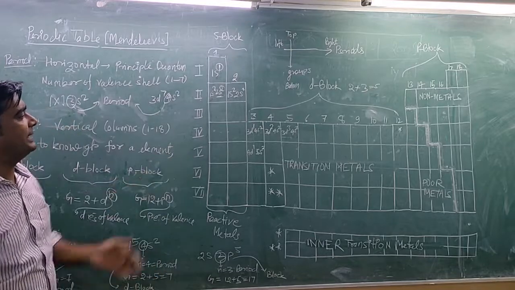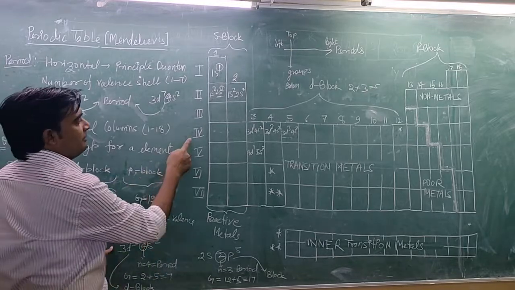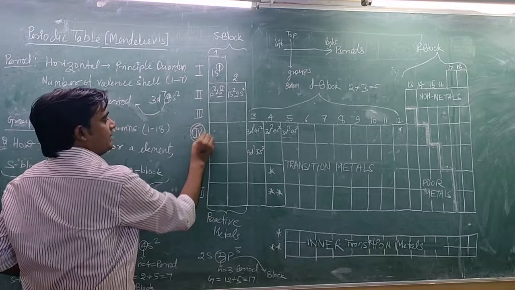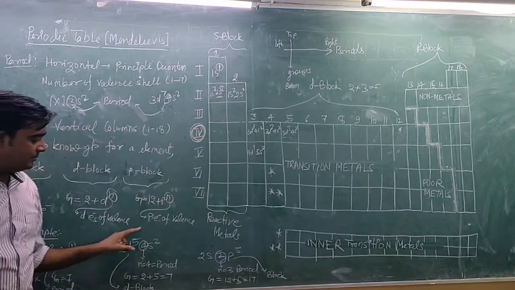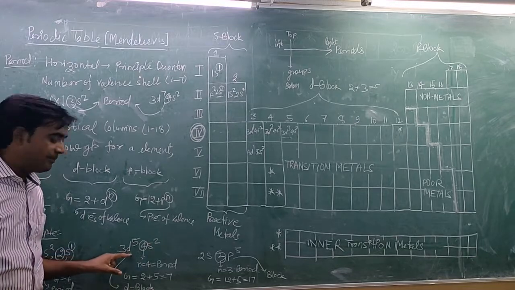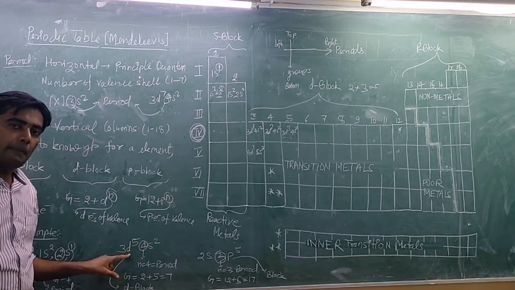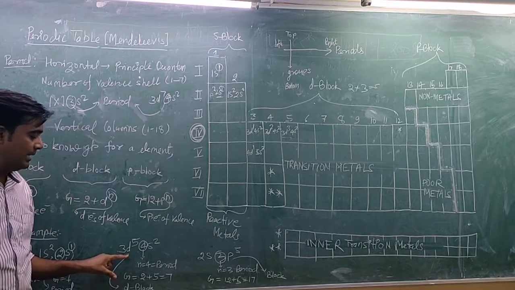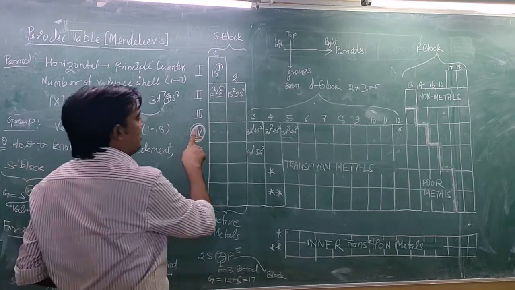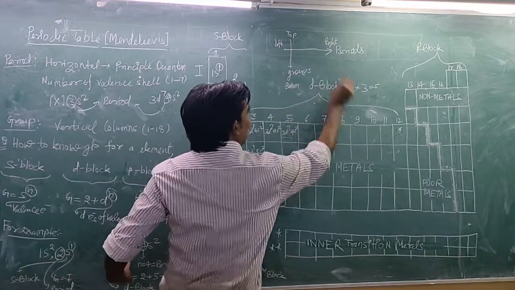Then you can see the last electron belongs to the d orbital, so it is a d block element. So fourth period and d block element.